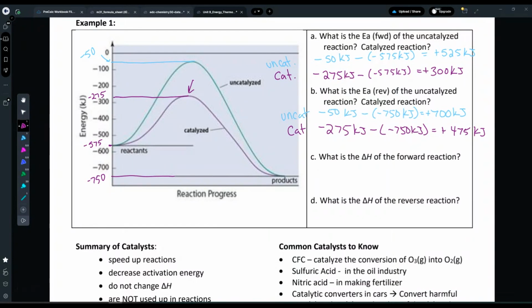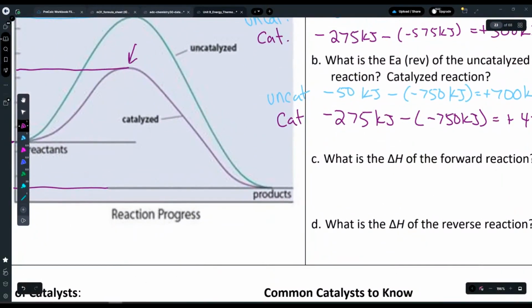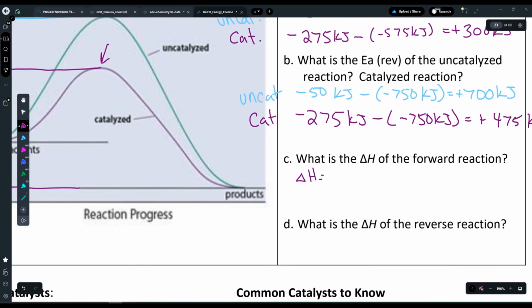All right, for part C, what is the change in enthalpy of the forward reaction? So now that we have a diagram, the change in enthalpy is just the difference between the products and the reactants. Since this is for the forward reaction, to find the change in something, it's always final minus initial. So in this case, products minus reactants.